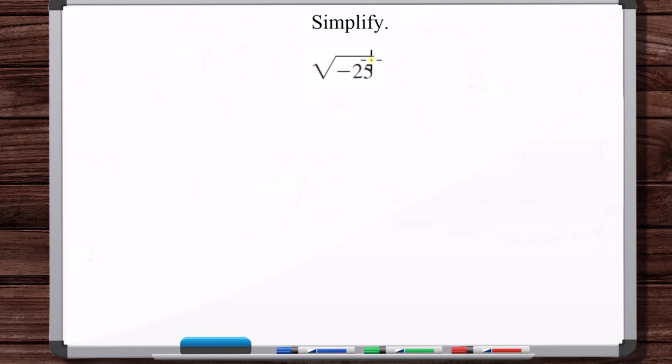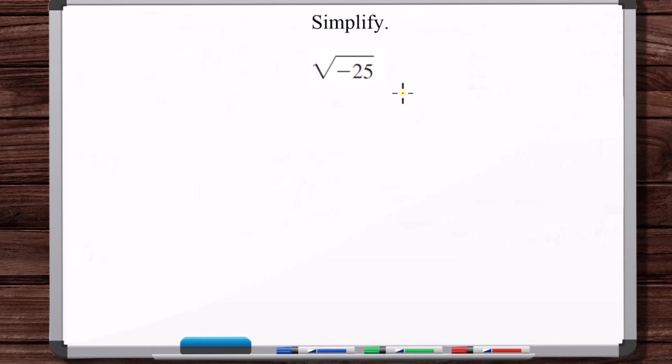Okay, let's simplify the principal square root of minus 25. We learned rules for simplifying square root radicals with negative numbers as the argument. We haven't learned anything about even radicals other than 2. Just note that.